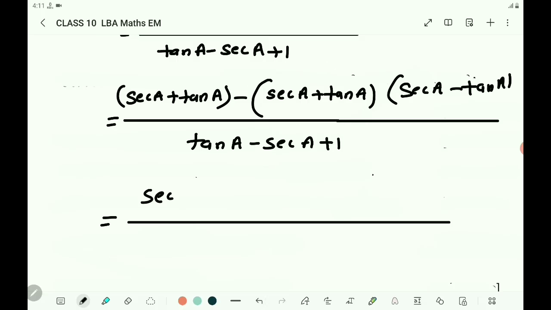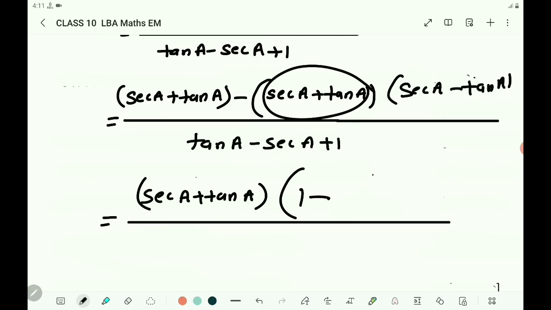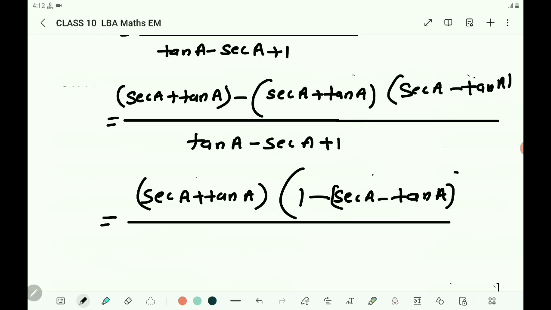Write that in one bracket, secant a plus tan a, and here what is remaining in the first term is 1 minus, here it is outside, so what is remaining, secant a minus tan a, by tan a minus secant a plus 1.